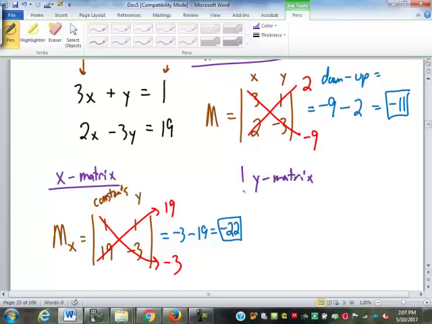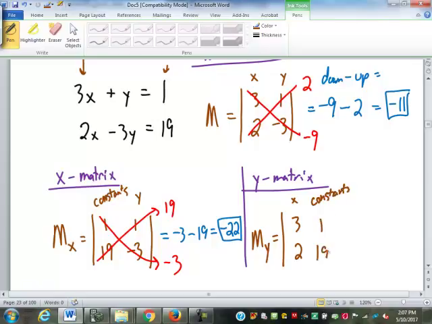And then we had the y matrix. And the y matrix, again, a little bit of an ironic name because it excludes the y variable. So we're going to label that as MY, and we're going to now put the x coefficients back in, the 3 and the 2, and now we're going to replace the column with the y coefficients replaced with the constants. So that's going to be the 1 and the 19.